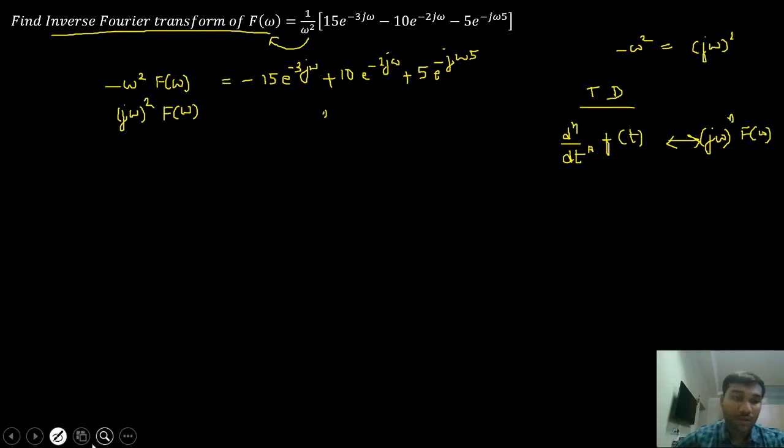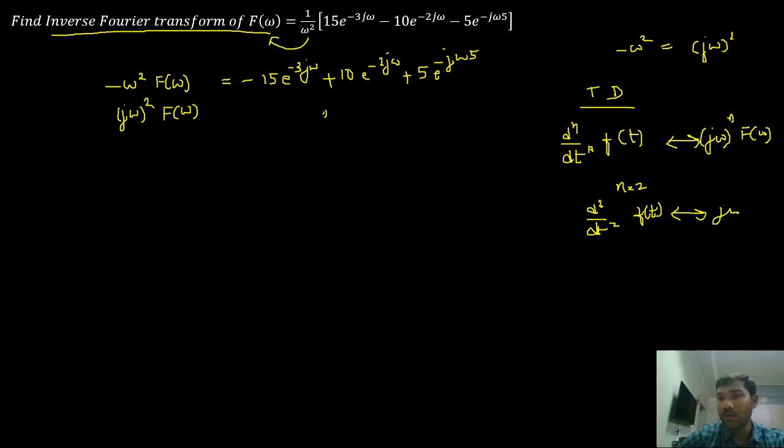Now when n is equal to 2, I have d square by dt square f of t, the Fourier transform (j omega) whole square into F of omega, right? Now I'll take the inverse Fourier transform on both sides.